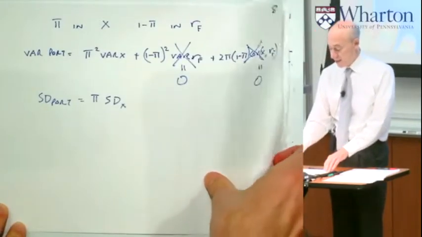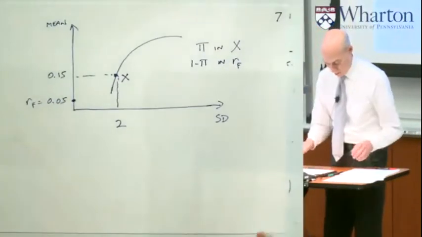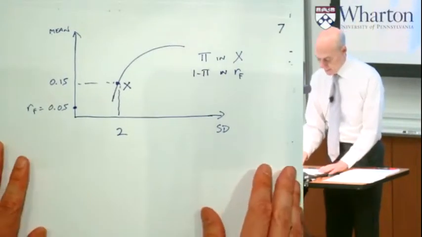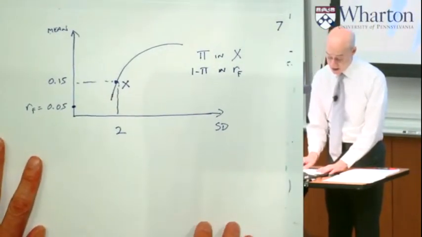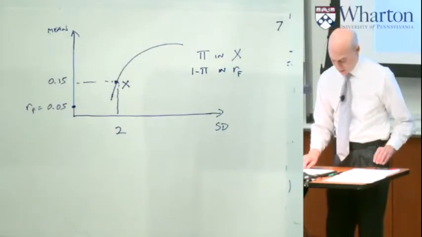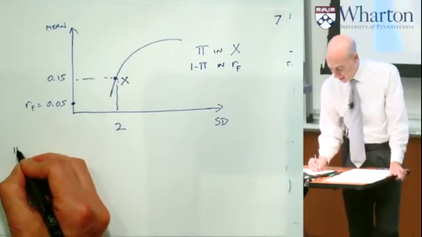So now we get a particularly simple format, and we can work out what we get as we vary pi. If we start out with pi being 0, we're at the risk-free. Then let's put pi equals a quarter.